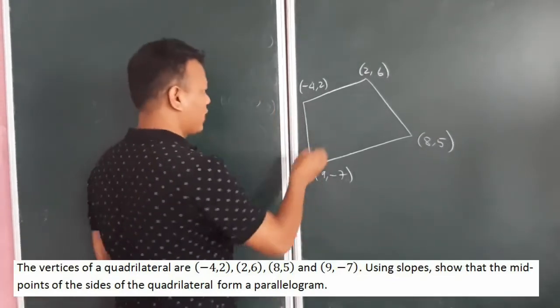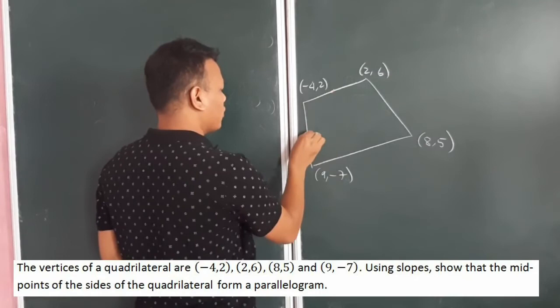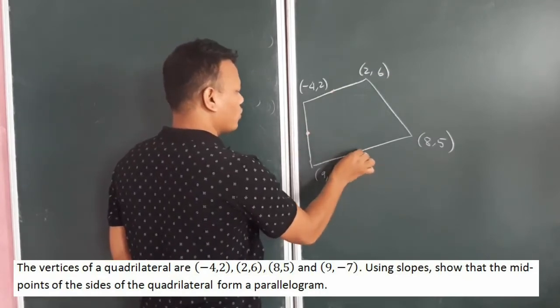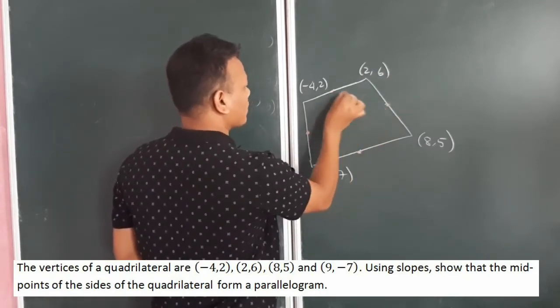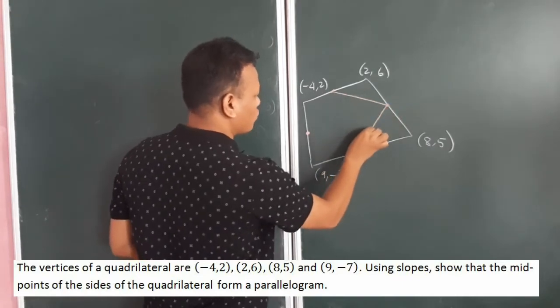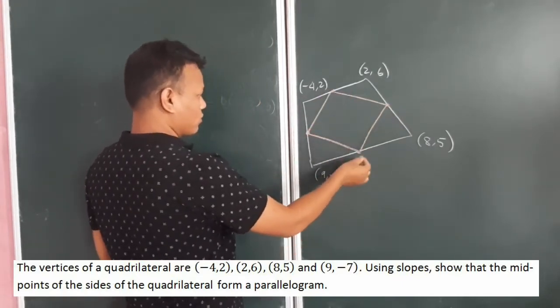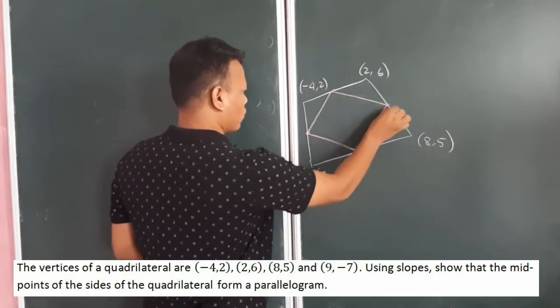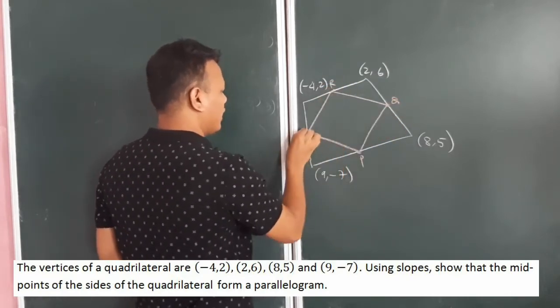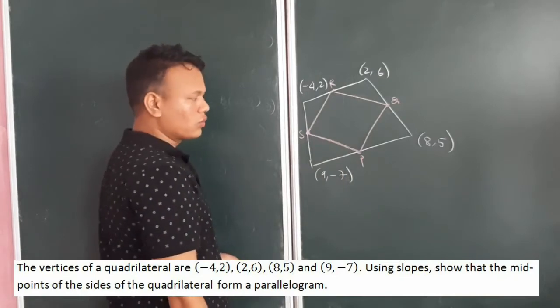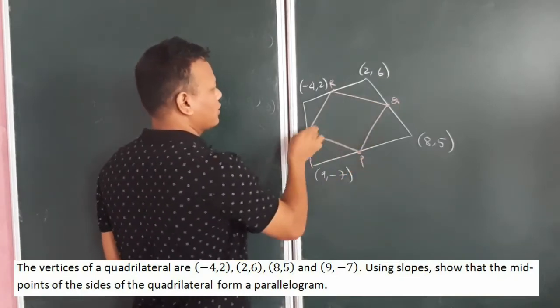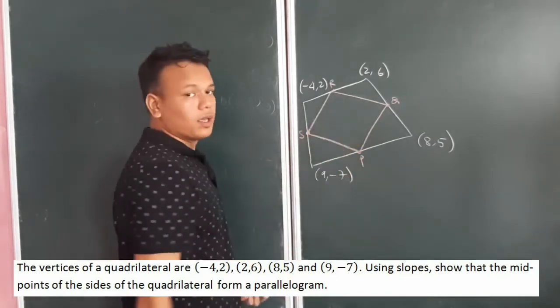It means you first find the midpoints. After finding the midpoints, what you are going to do is join them. After joining, suppose I call the midpoints, for example, PQRS, then we need to show that PQRS is a parallelogram.